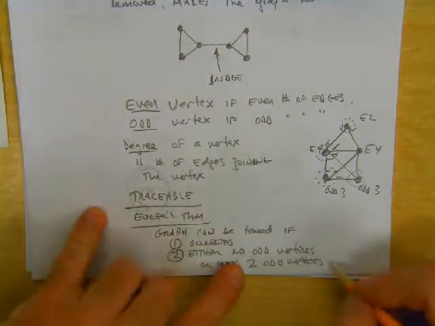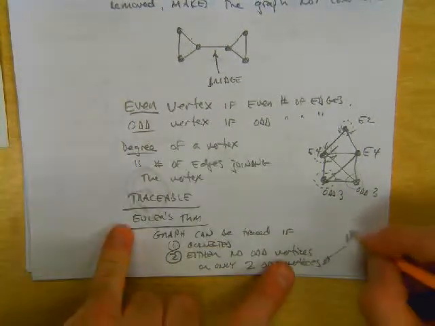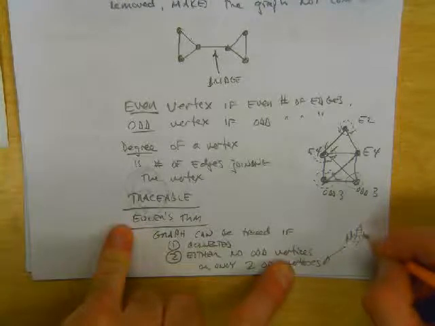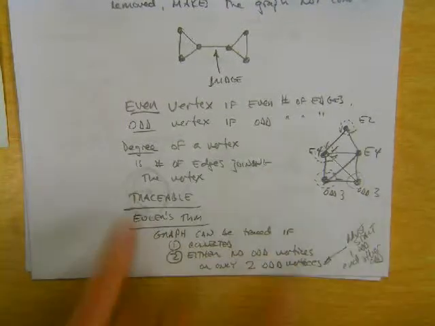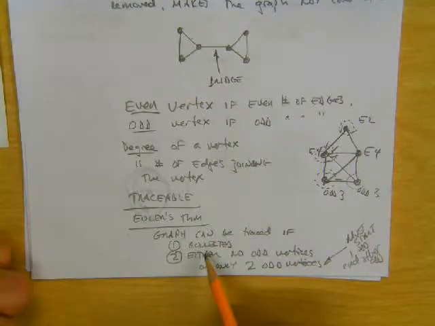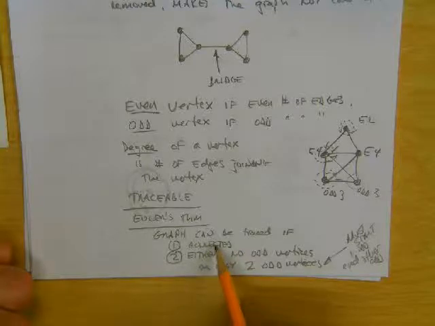And if it's this scenario, you must start on one odd and end at the other odd. And if they're all even, it doesn't matter where you start and stop.